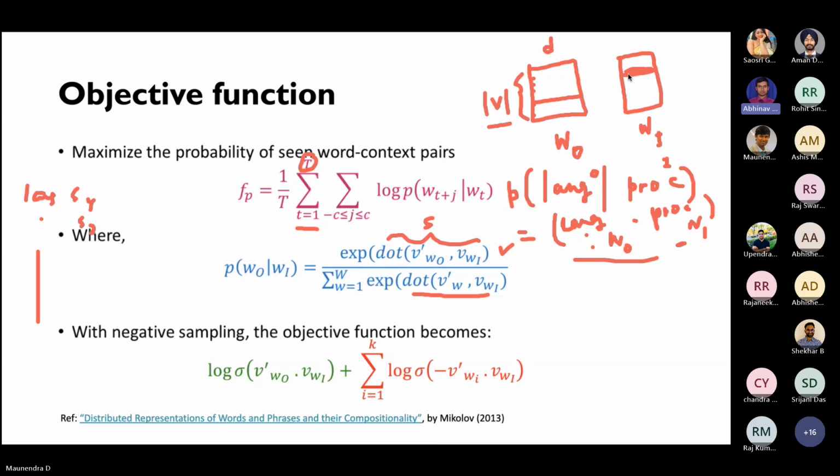Okay, fine. But sir, if there is the same word in input and output, will it have a different representation once it learns, or the same representation for one word? My question is why do we have two different sets, one for input and one for output?